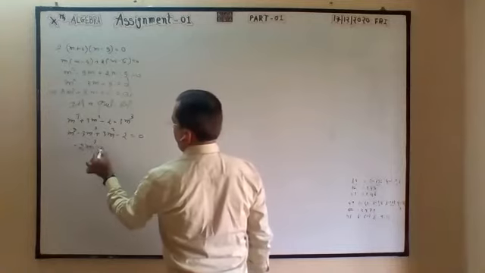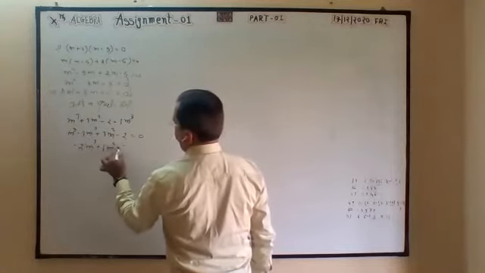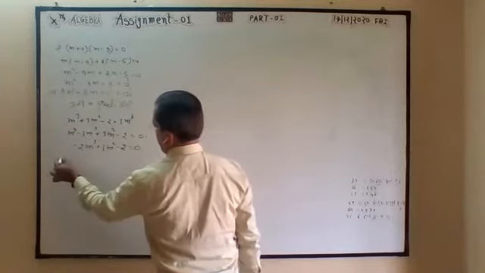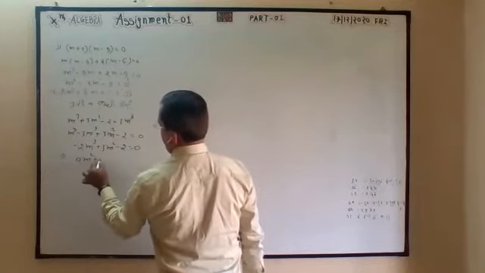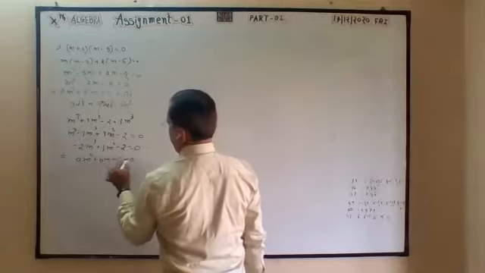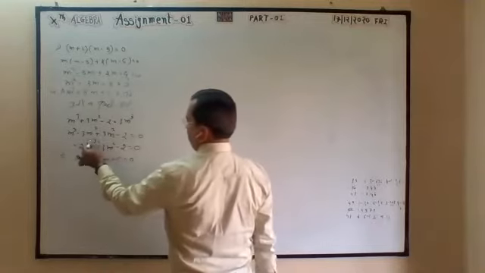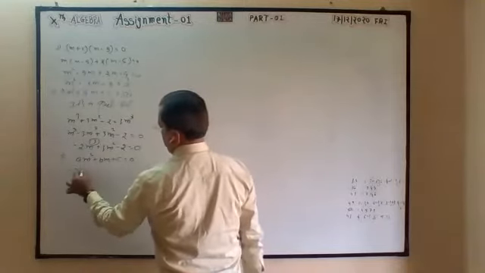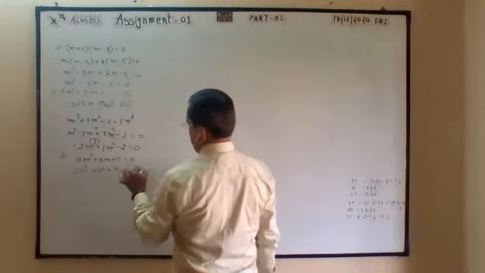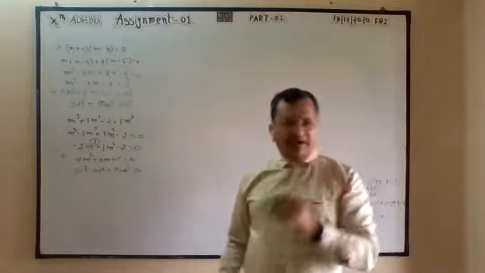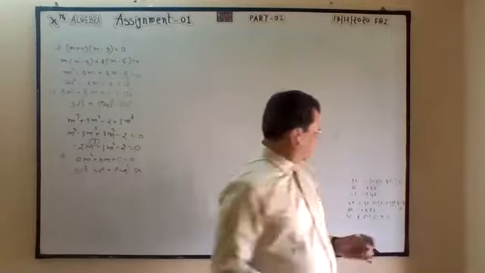So minus 2m cube plus 3m square minus 2 is equal to 0. It is not of the form am square plus bm plus c is equal to 0. This and these are not matching. The power is 3. So to be a quadratic equation, you have to match the two equations.